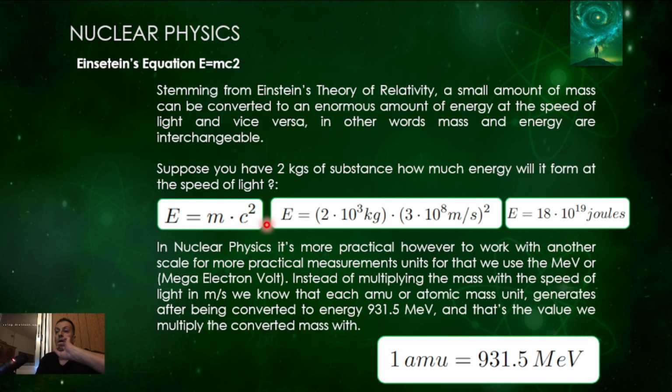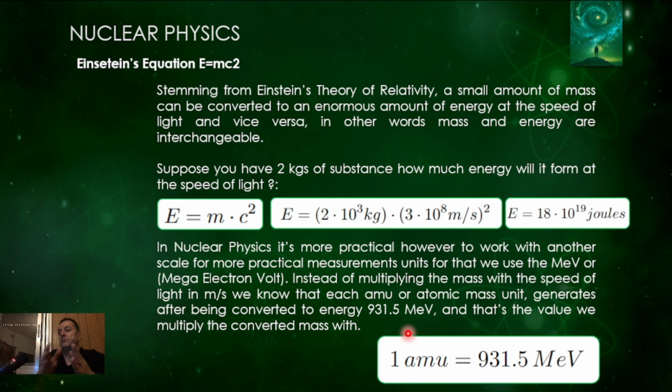Now, in nuclear physics, it's actually more practical to work with another scale for measurements. The unit for that is the mega electron volt, or MeV. Instead of multiplying the mass by the speed of light in meters per second, we have found out that for each 1 AMU, or atomic mass unit, the conversion of that 1 u to energy would give us 931.5 mega electron volts.